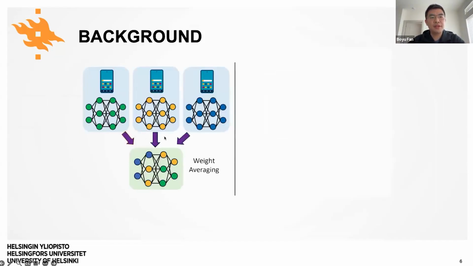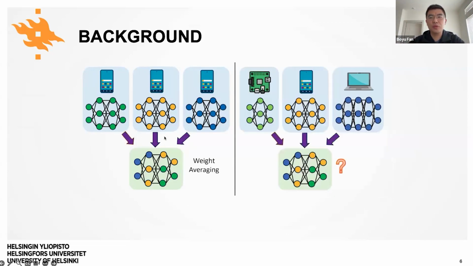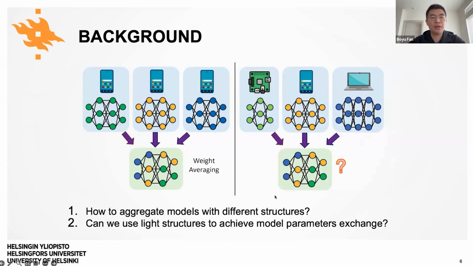Let's see what happens. The left one is the traditional weight averaging. What we want is that for this Raspberry Pi, we give them a small model, and for a laptop with more resources, we want to give it a full model or a bigger model. But the first problem is how can we aggregate models with different structures?